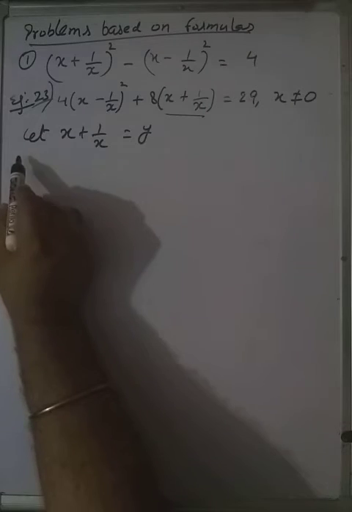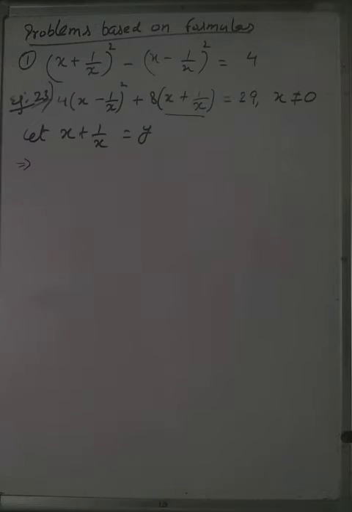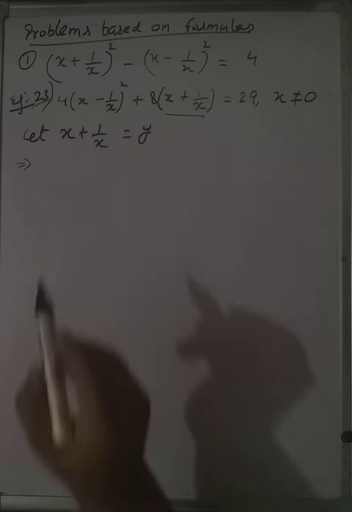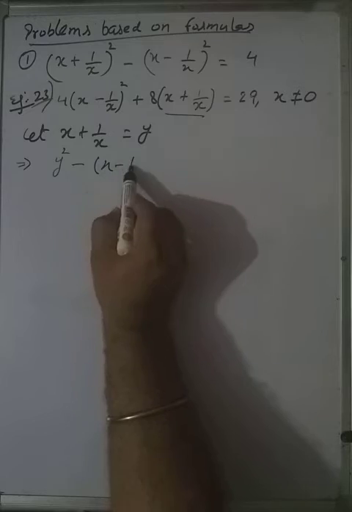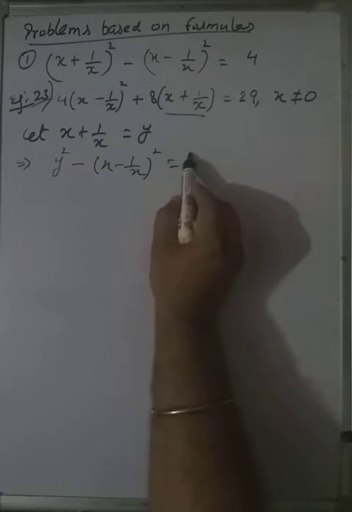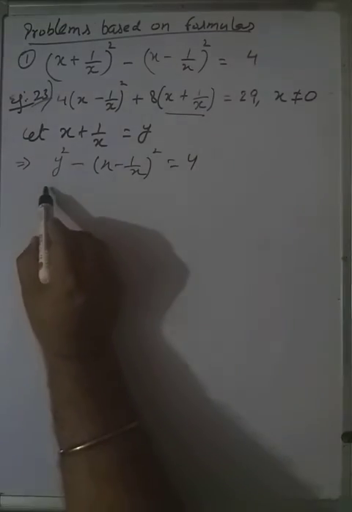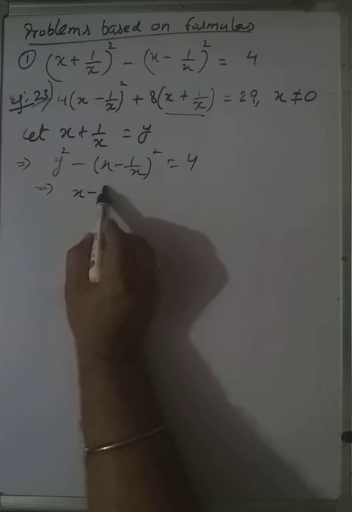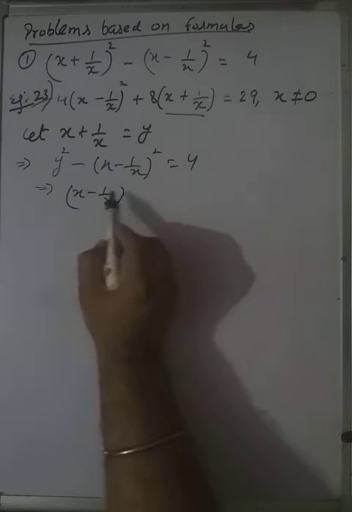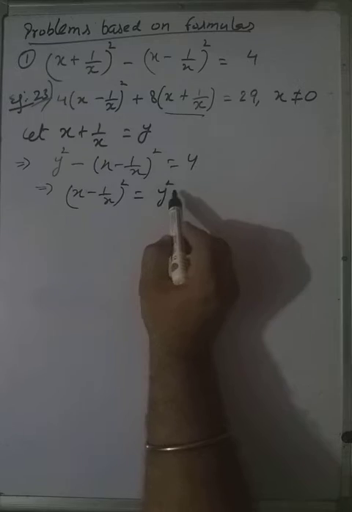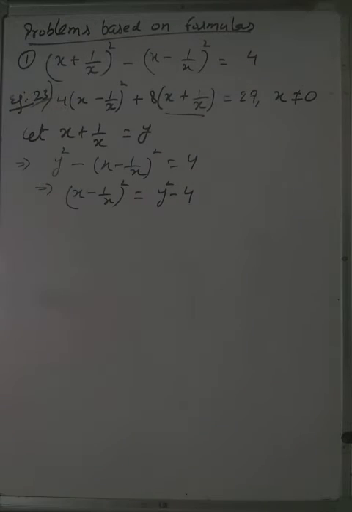So this implies, using this in the formula, y square minus (x minus 1 over x) whole square is equal to 4. So this gives us (x minus 1 over x) whole square is equal to y square minus 4.